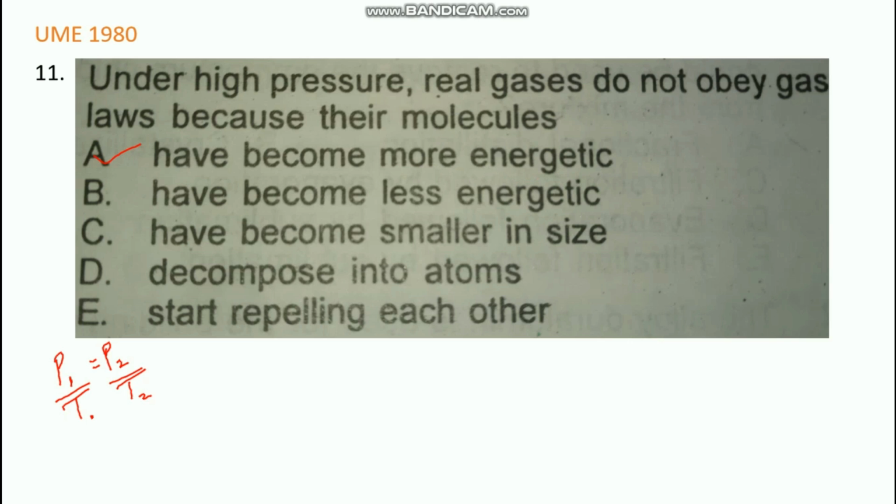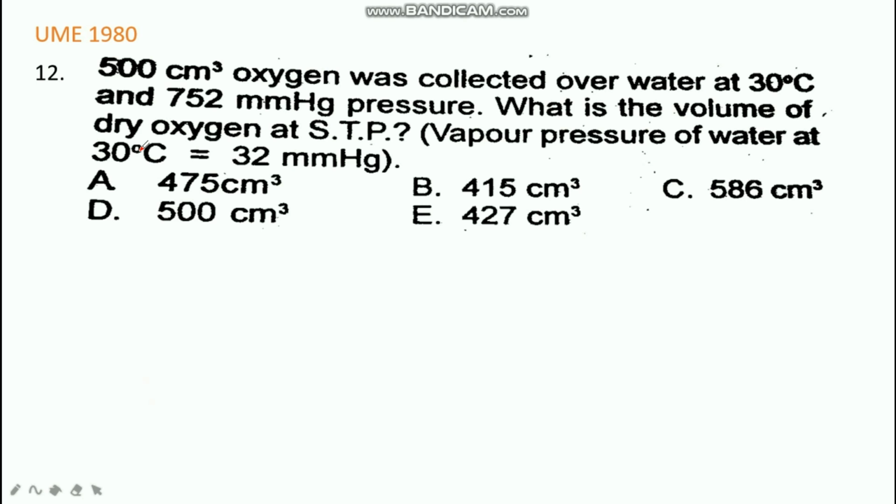Now, for the next one, UME 1980 question number 12. 500 cubic centimeter oxygen was collected over water at 30 degrees Celsius and 552 millimeter of mercury pressure. What is the volume of dry oxygen at STP? Vapor pressure of water at 30 degrees Celsius equal to 32 millimeter of mercury.